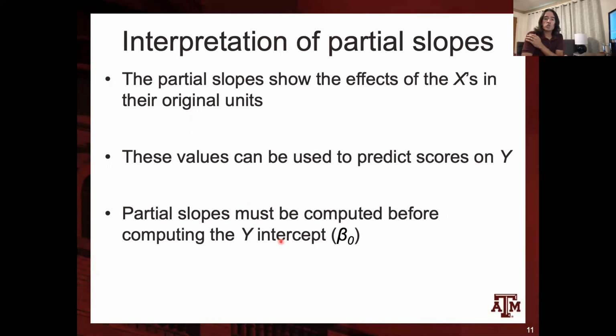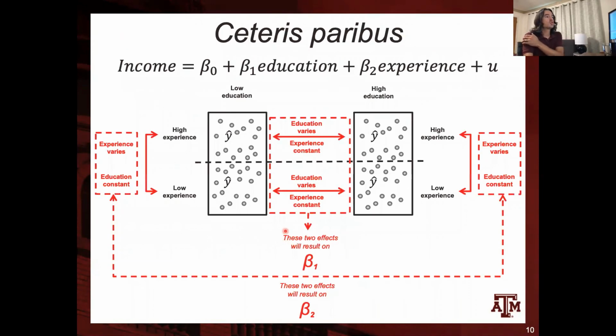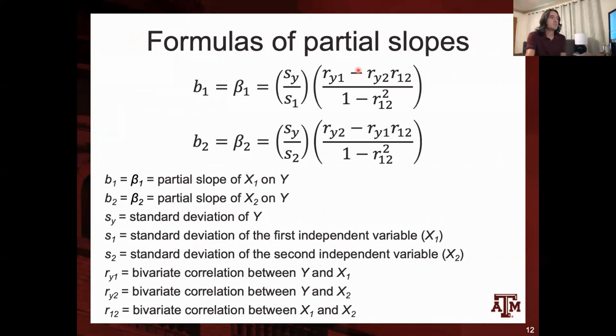So now I'm going to show you the formulas to estimate beta 1 and beta 2, and after we estimate beta 1 and beta 2, we can estimate beta 0. But remember, you don't have to calculate it by hand. You just have to understand this logic here, right? But how exactly are beta 1 and beta 2 estimated?